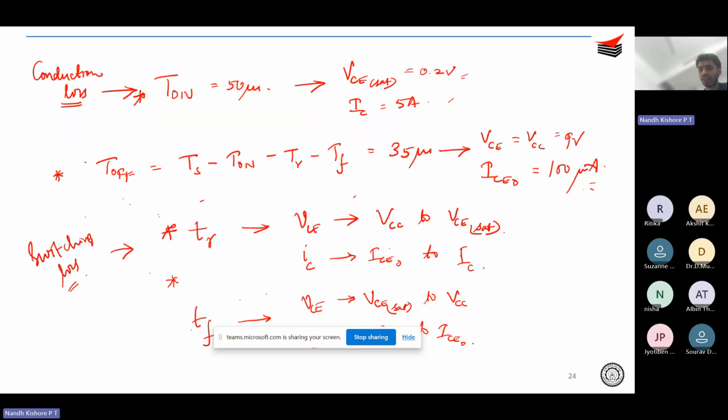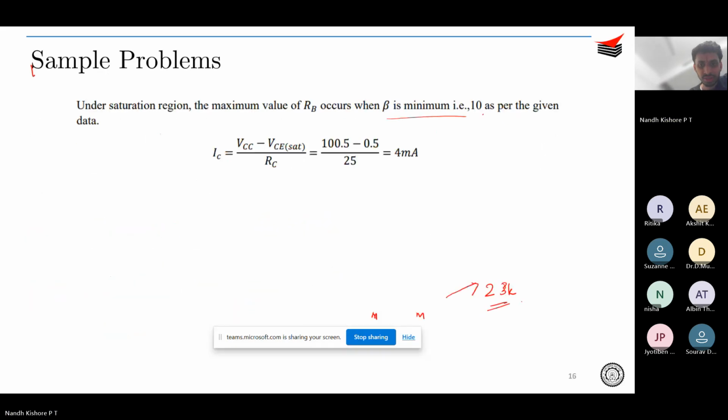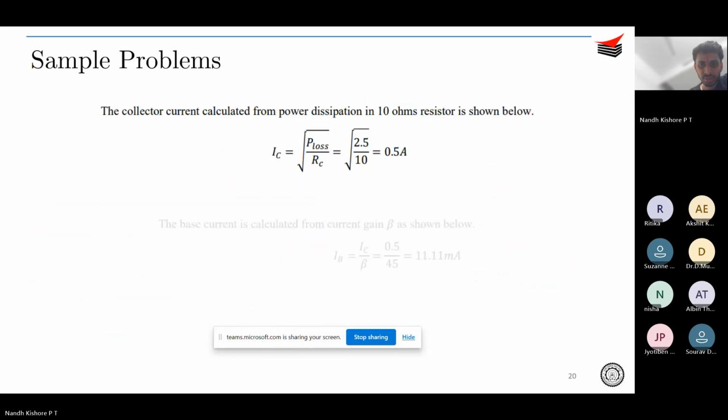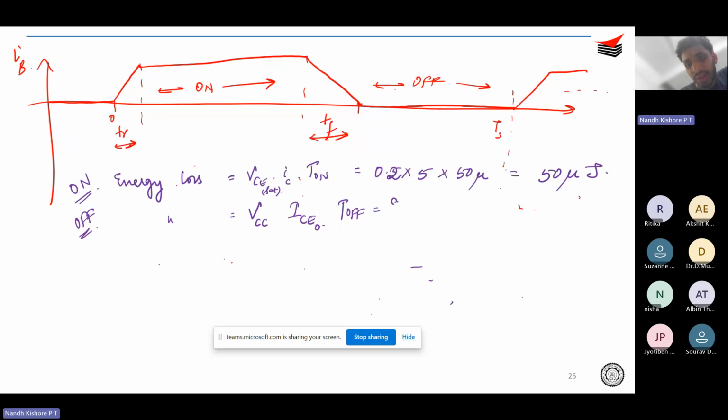VCE is 9 volt and IC not is 100 micro into 35. Nine volt into 100 micro into 35 micro, right? It's very small, right? So 900 micro into 35.